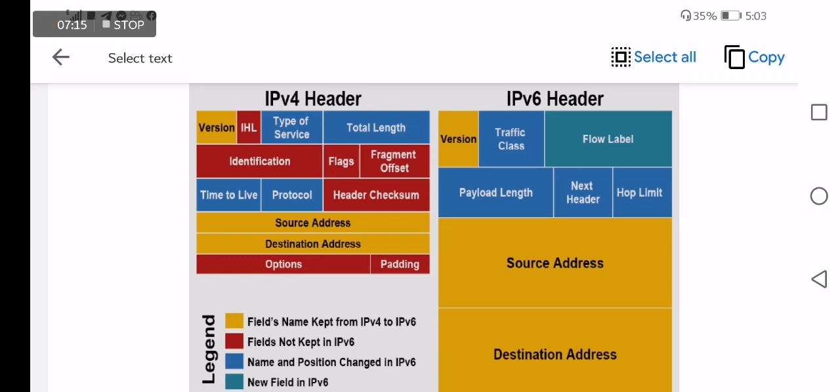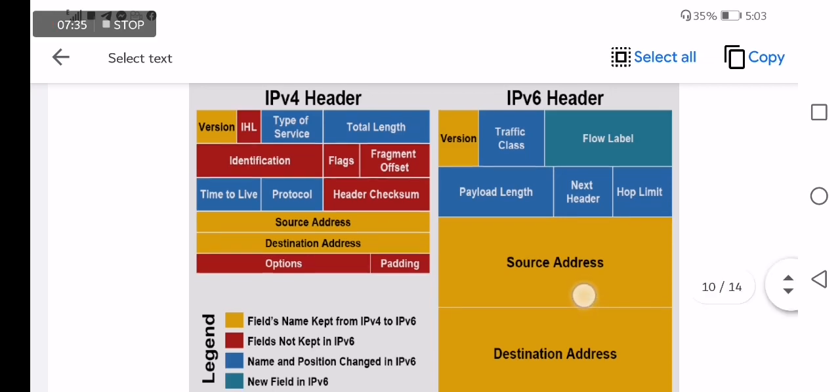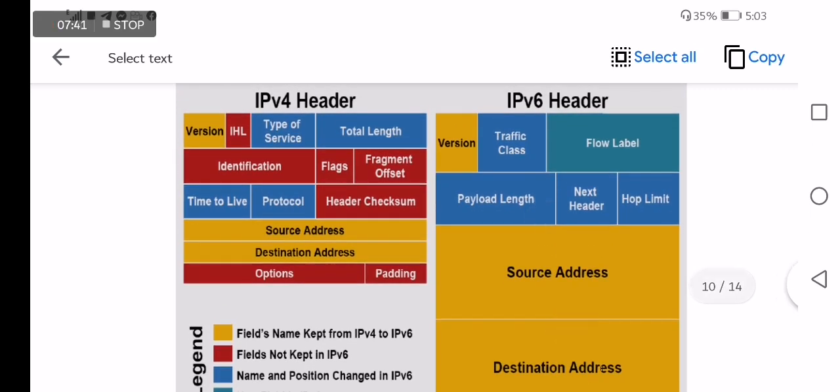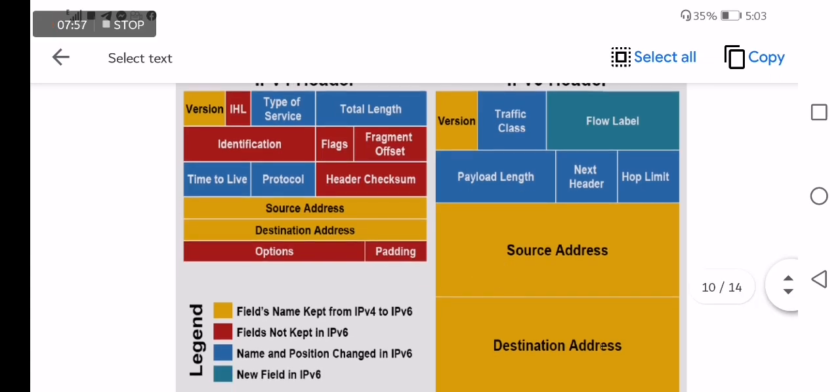It means they remain the same in name and position, but the size may be different. For example, here the source address of 32 bits corresponds to the source address of 128 bits for v6. Fields not kept in v6 appear in v4 but are deleted in v6. All red fields, for example IHL, identification, flags, and options and padding, are omitted in v6.